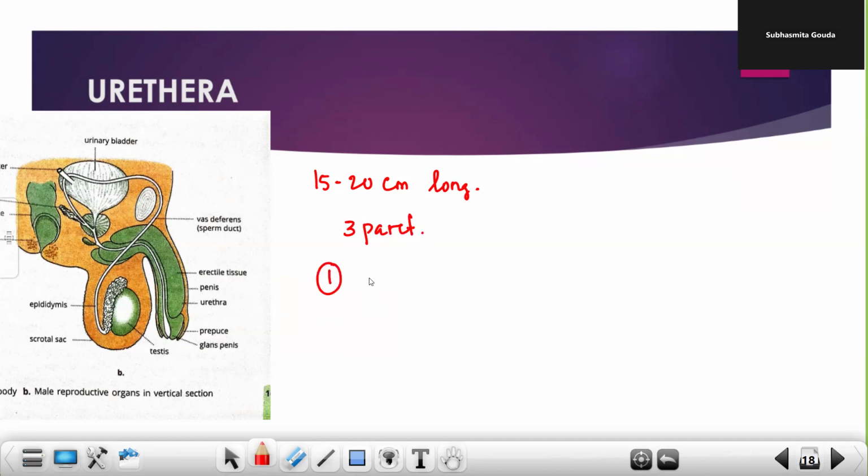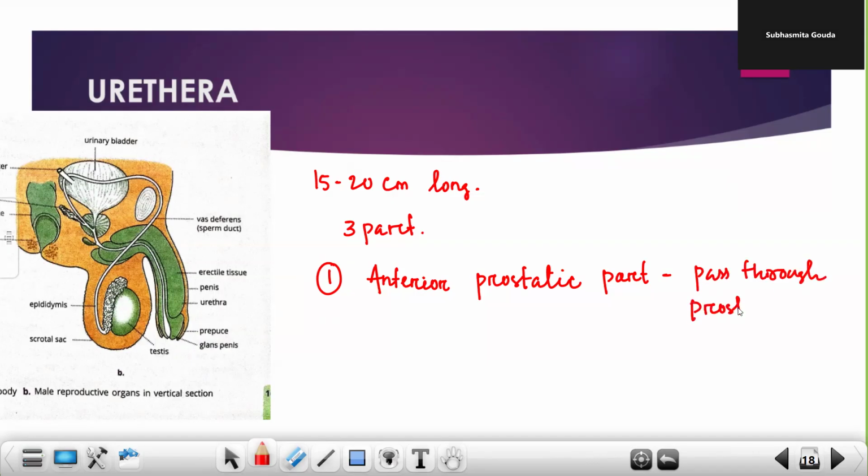First one is the anterior prostatic part. It passes through the prostate gland. Next, the second part is the middle membranous part.